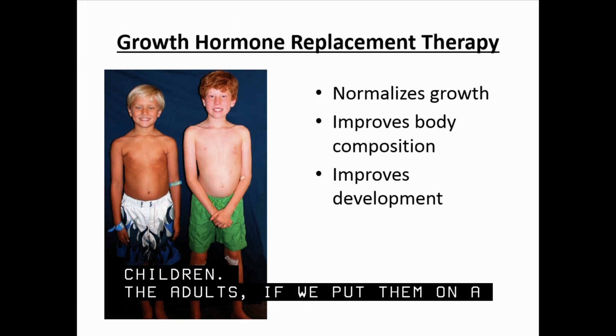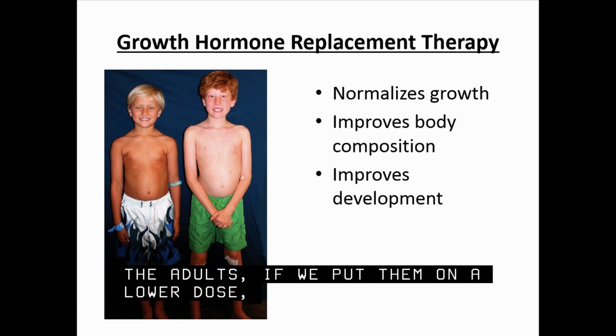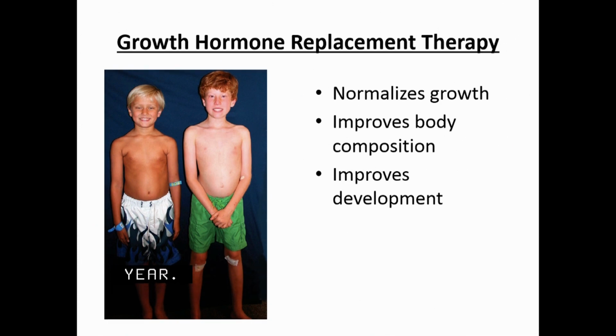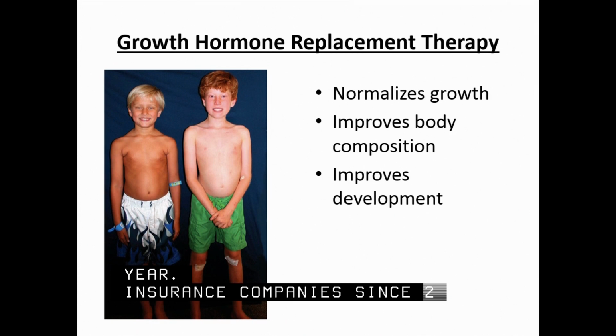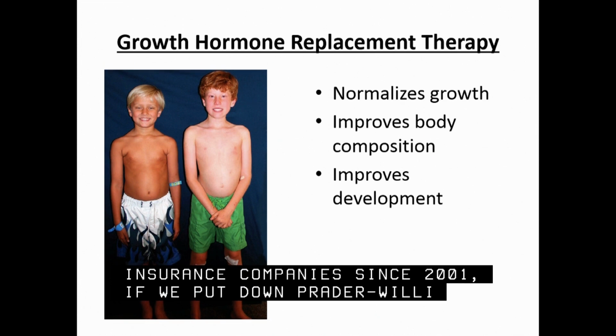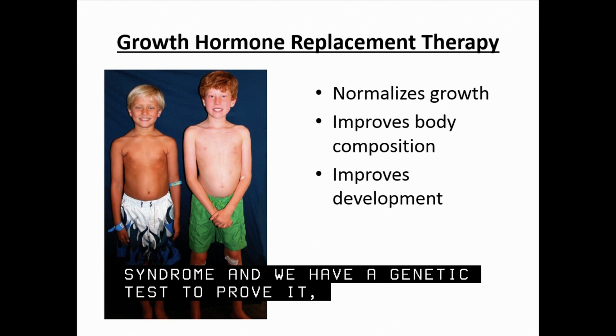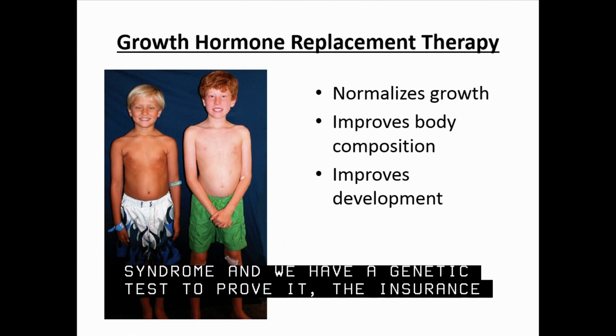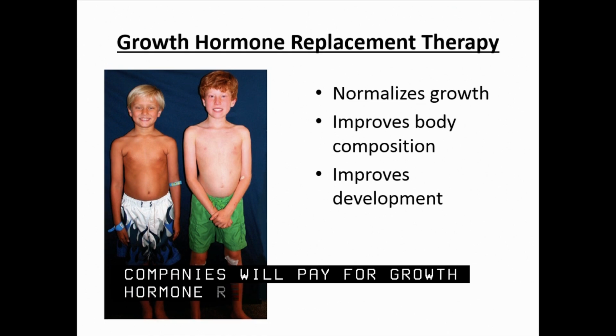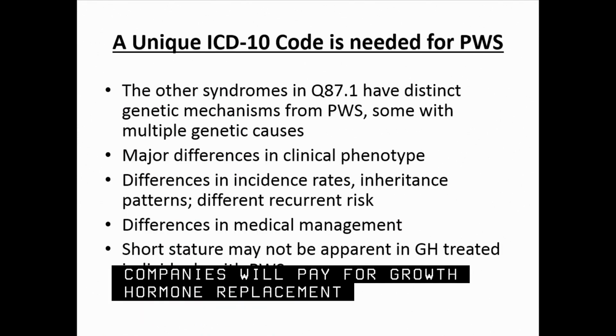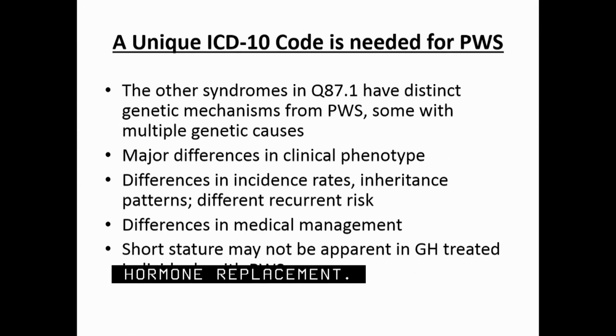And the insurance companies, since 2001, when Barbara Lippe got the FDA approval for growth hormone for us, if we put down Prader-Willi syndrome and we have a genetic test to prove it, the insurance companies will pay for growth hormone replacement, $30,000 to $40,000 a year times the length of the childhood, and then adulthood dropping to $10,000 a year. So why do we need a unique code for Prader-Willi syndrome?